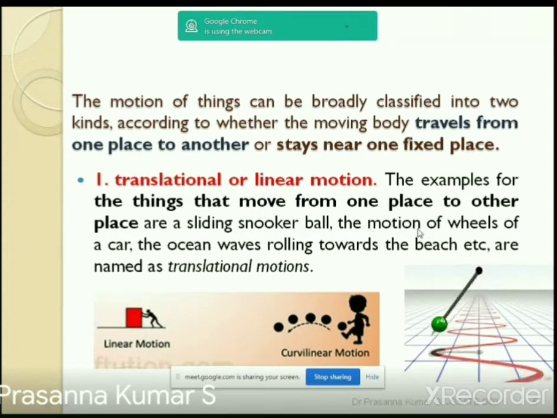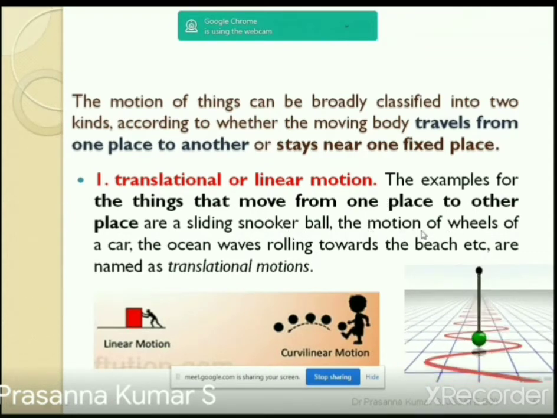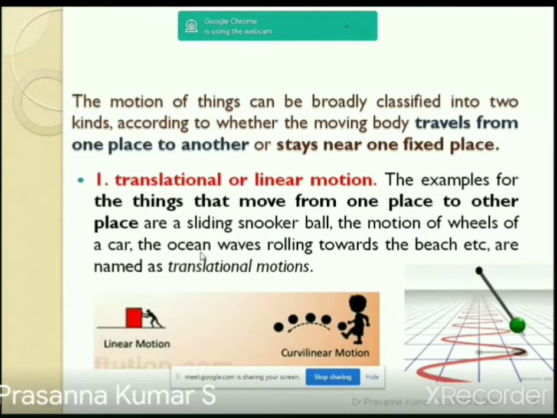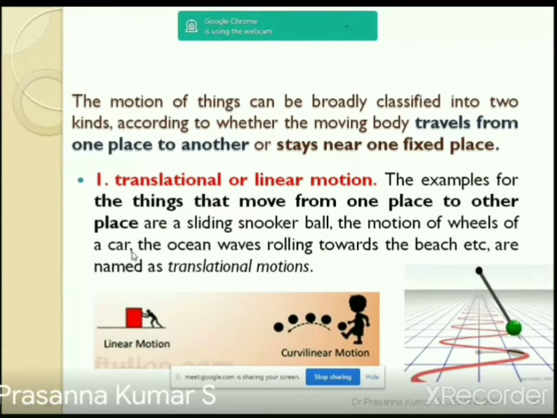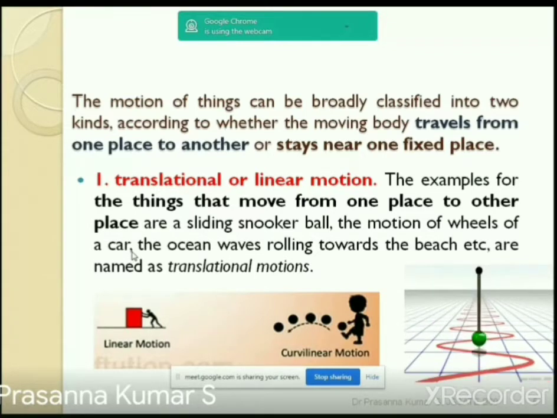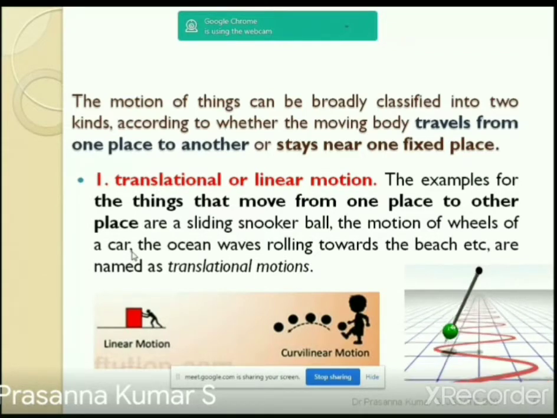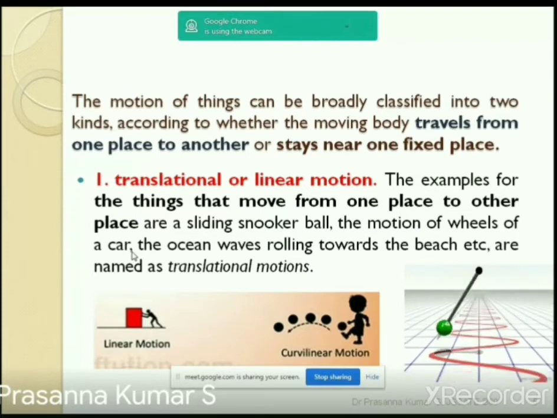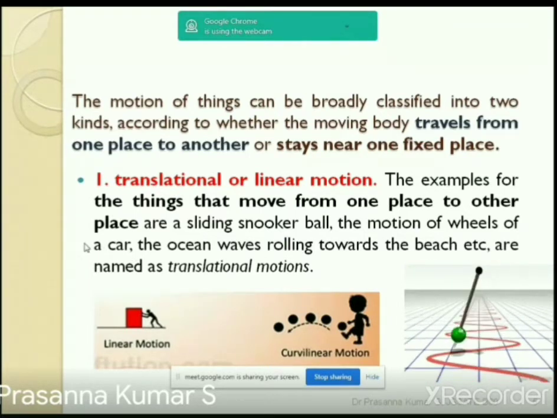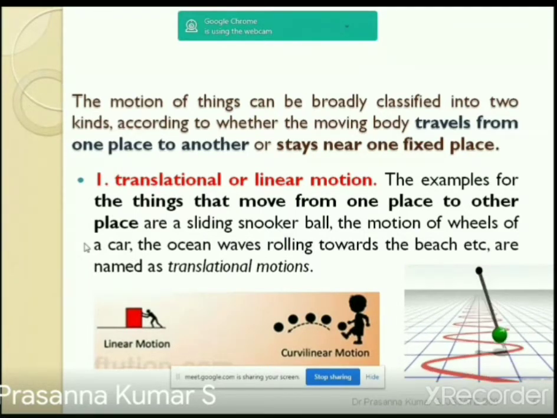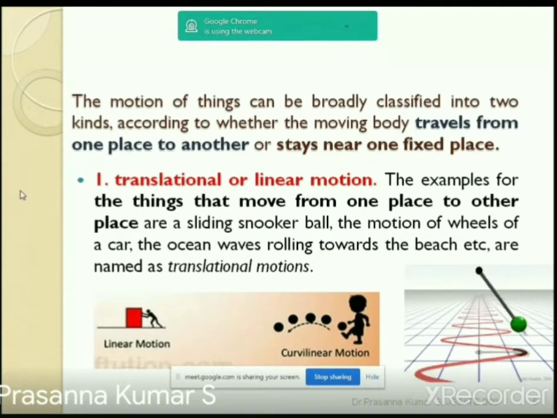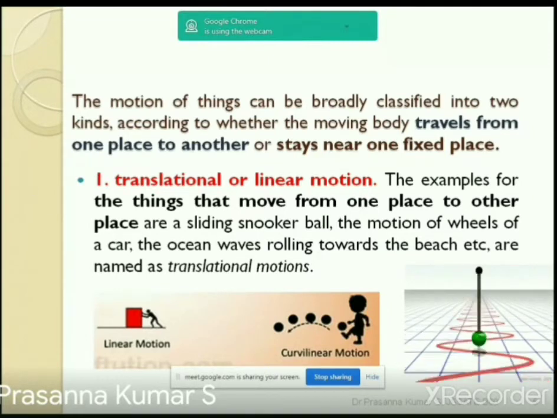If you look at the wheel of a car and mark some point on the wheel, when it runs through a certain distance, you cannot expect it to have the same position.